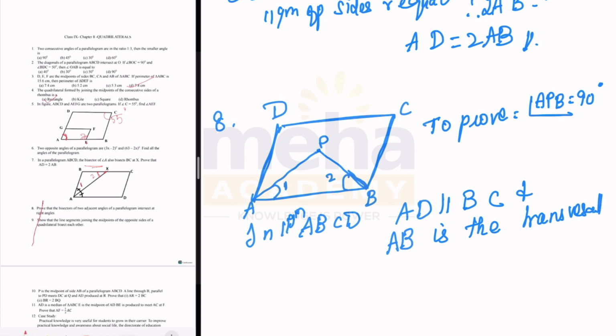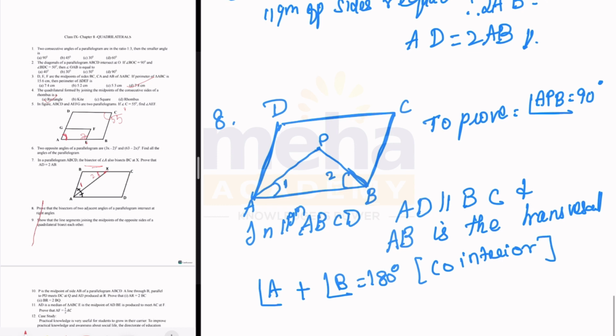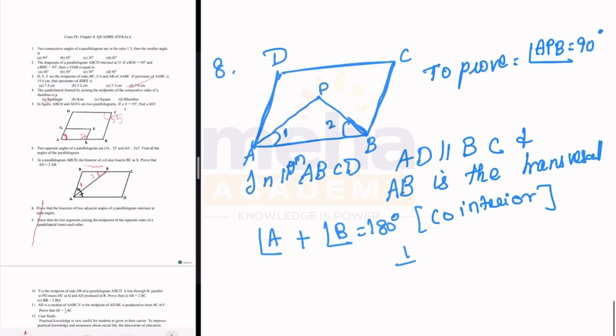If AB is the transversal line, then we know angle A plus angle B is equal to 180 degree because they are co-interior angles, and co-interior angles make 180. Then I halve both the sides, because finally I have to show half the angle. The small triangle I have to come to. That is the reason I am halving both the sides.